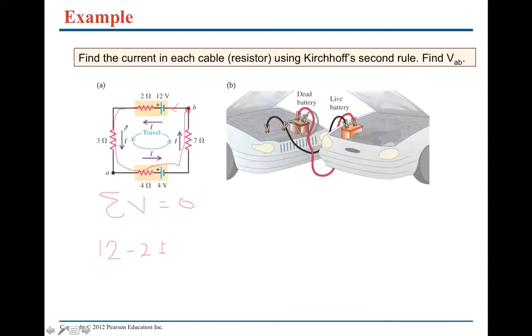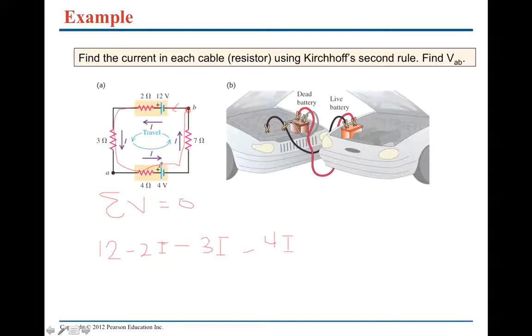And then when I go around, that will again be a voltage drop, 3 multiplied by I. Remember, in the same loop, the current is constant. This is I. Okay? And then I'm encountering another one here, which again is along the direction of the current. So that will be 4I. Now look at this.